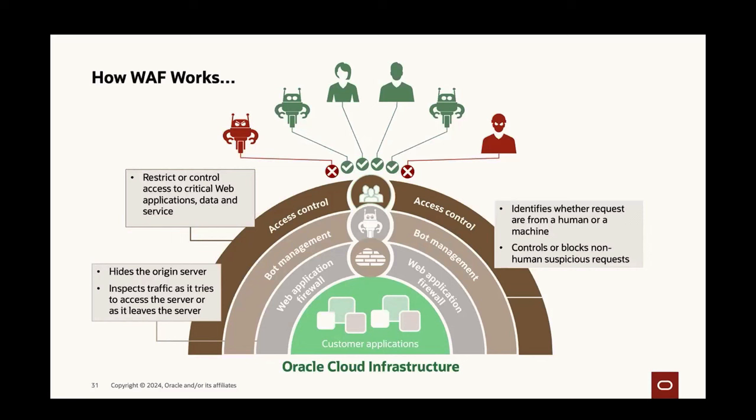One thing to note, OCI WAF is also integrated into the OCI console, along with many other applications and services offered by OCI. This allows you to do things like use OCI tagging with WAF policies for cost tracking, use OCI identity access policy to control access to WAF management, and maybe use the OCI audit service to log WAF changes. So you use it with some of the other services.